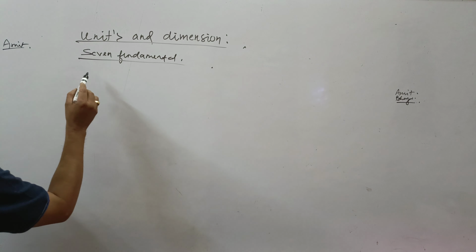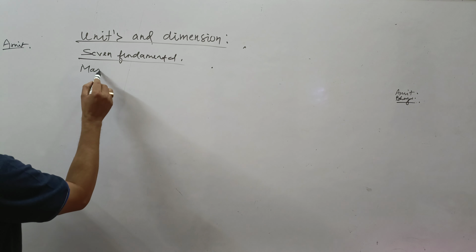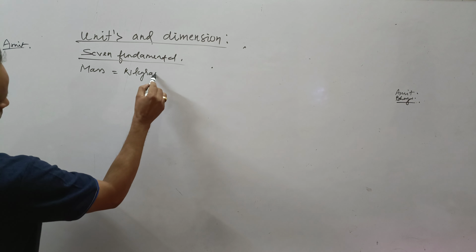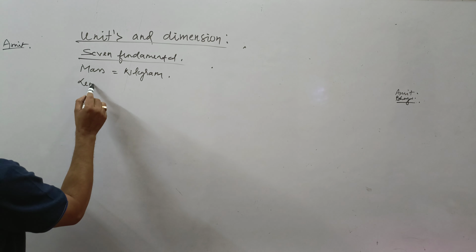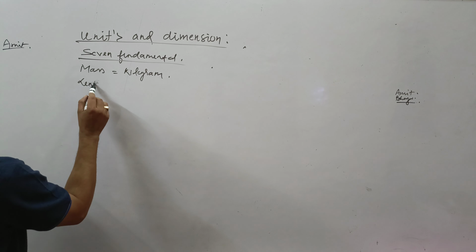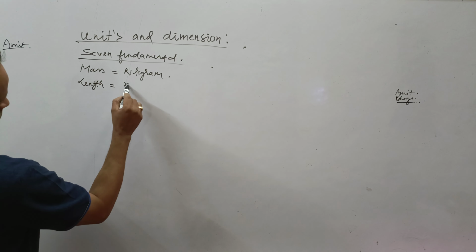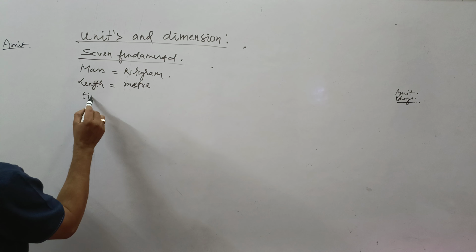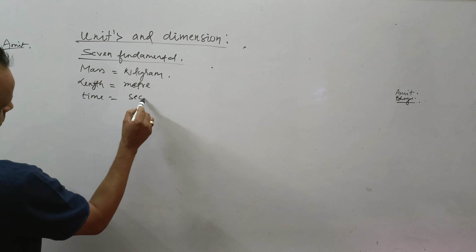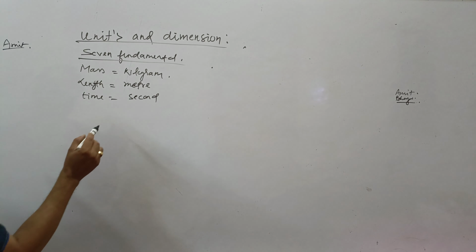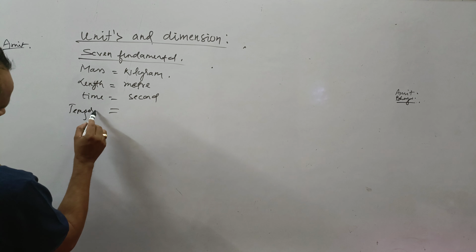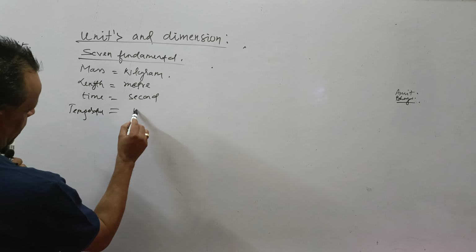7 fundamental units. For mass, we have kilogram. For length, we have meter. Then for time we have second. Then for temperature, we have Kelvin.